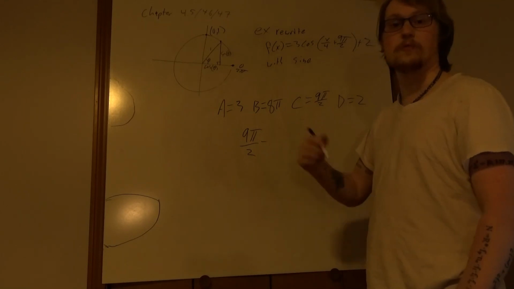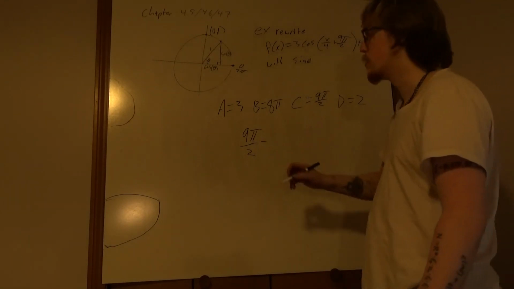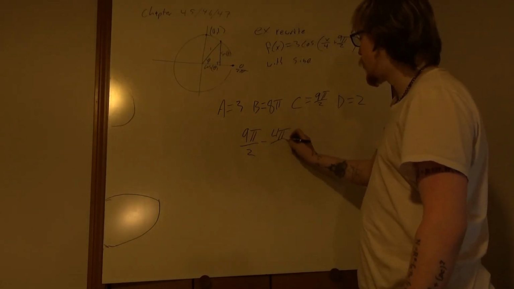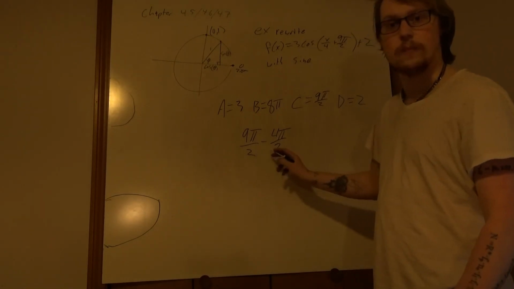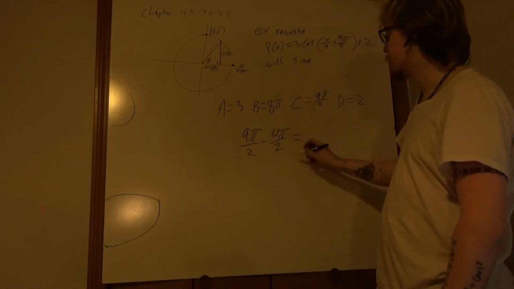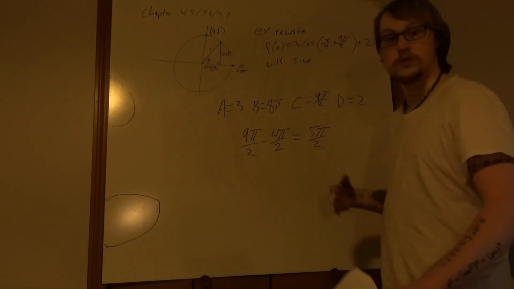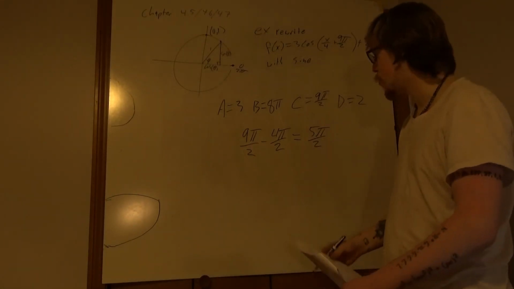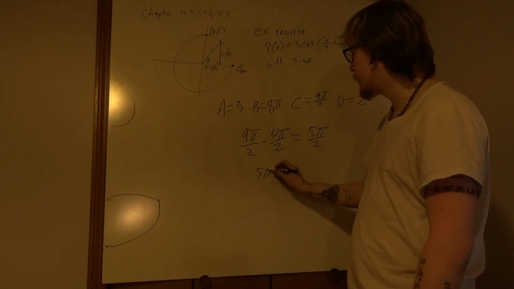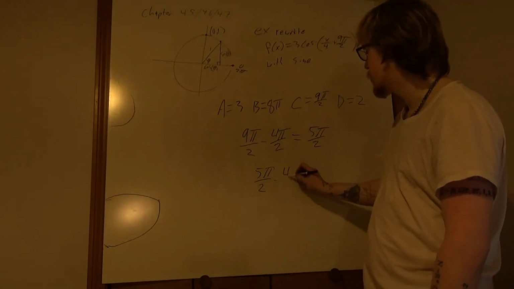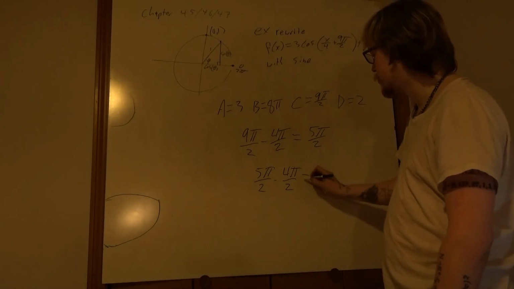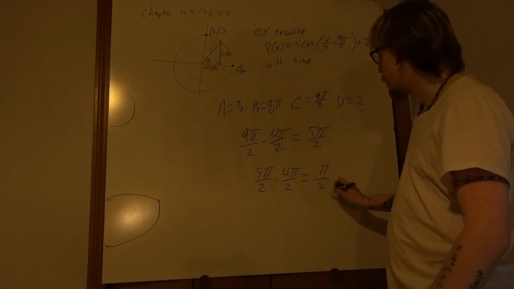2 pi has to be written with a denominator of 2 though, so it has to be 4 pi over 2 so that the denominators match. This gives us, well, 9 minus 4 is 5 pi over 2, which is still too much, so we're going to do it one more time. We get 5 pi over 2 minus 4 pi over 2 is just pi over 2.